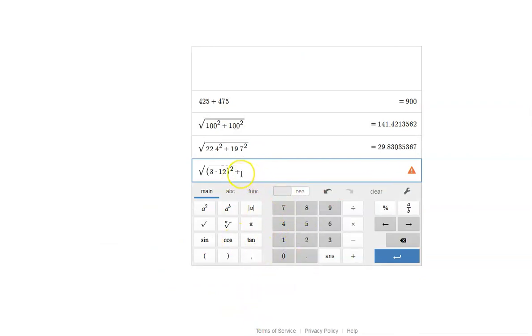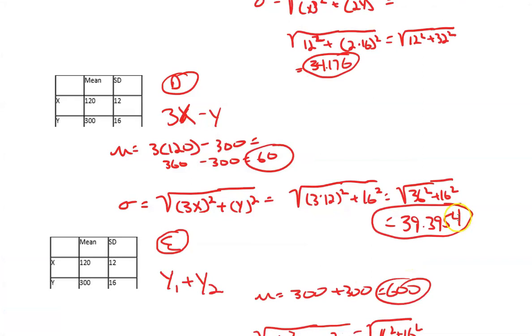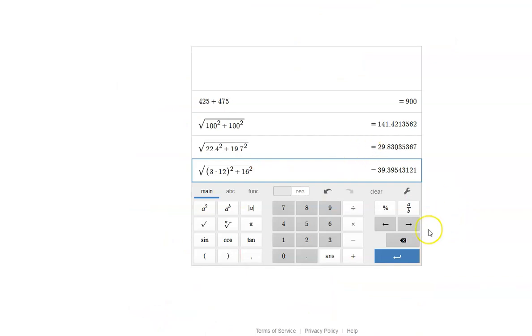Oops, I went outside of the parentheses, so I got to go back in. Plus 16 squared. And you see I got 39.395. So that's how you get one of those in the calculator where you have to multiply 2 numbers and then square them. Just make sure you use the parentheses on there and you should be good. All right.